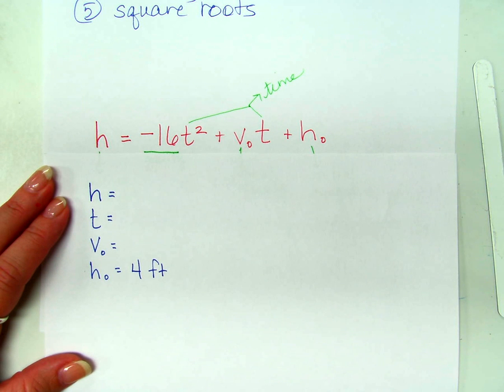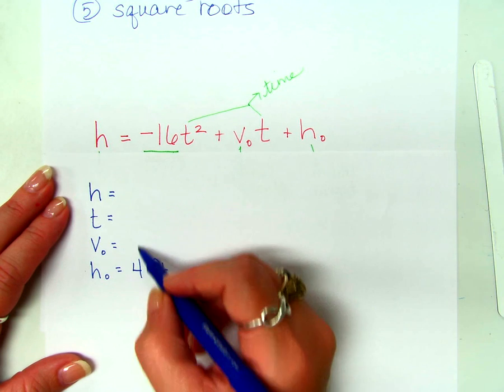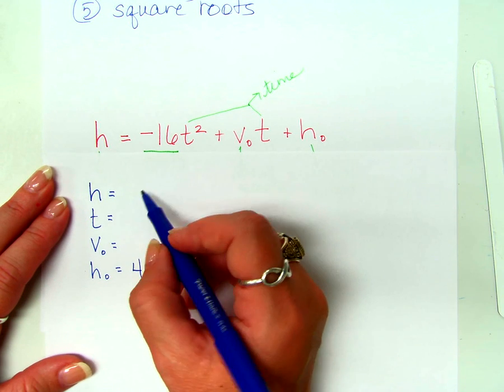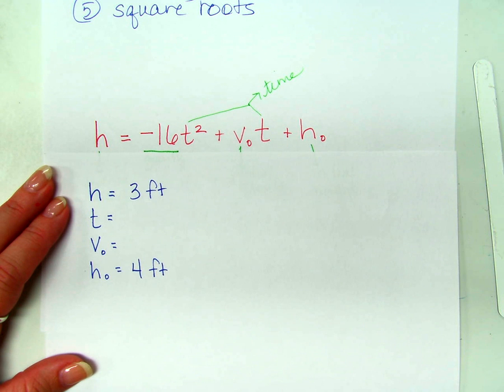What else do we know? We know the ending height. When did the juggler catch the ball again? 3 feet. Where's that? Yeah, that's really the other height, isn't it? The ending height? 3 feet. What else do we know? 30 feet per second.